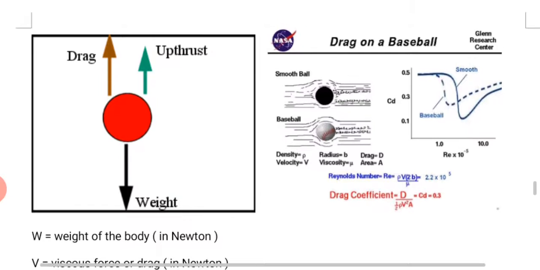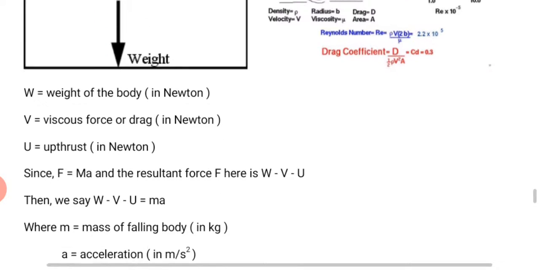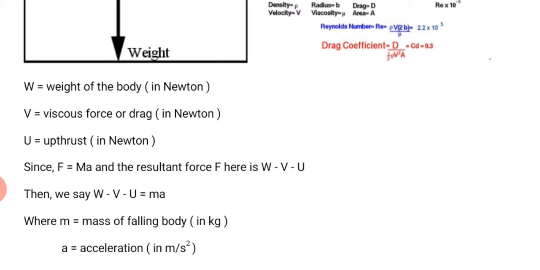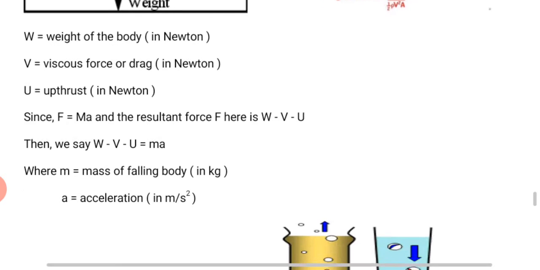We have the diagram, which shows the direction of viscous drag, the upthrust, and the weight. The viscous drag is always pointing upward, the upthrust too pointing upward, and the weight always points downward. So W represents the weight of the body in Newton. V is the viscous force or drag, also in Newton, and U is the upthrust, which also acts in Newton.